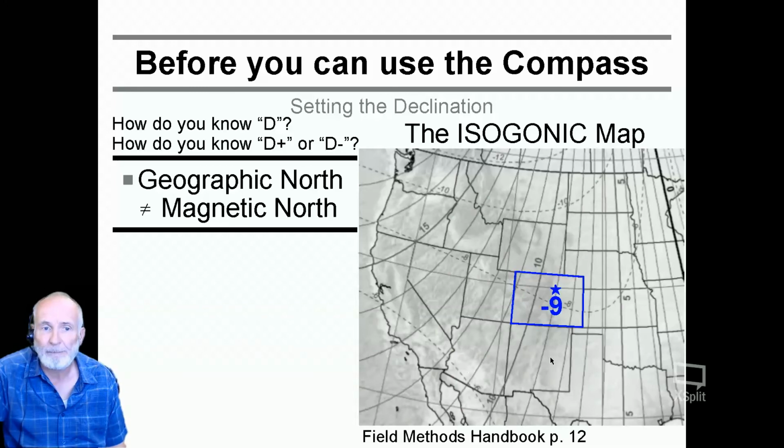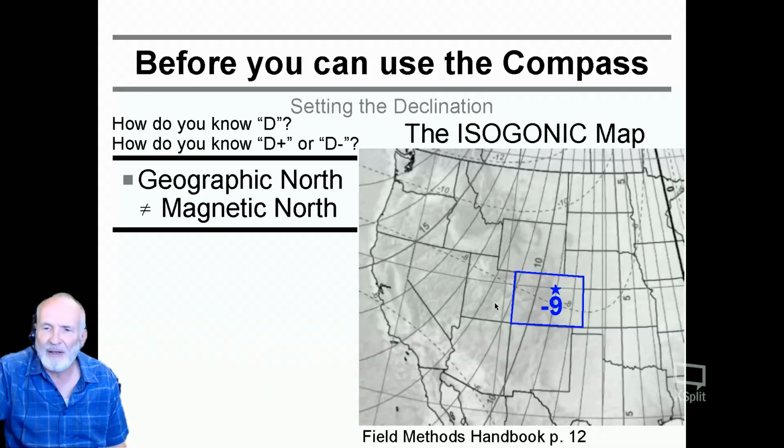Okay. Now, we know that. We figured this one out. Of course, if you travel to Utah or to western Colorado, you will need to reset your compass. Grand Junction would be then a minus 11. If you're in Moab, you're closer to a minus 12 and so forth.